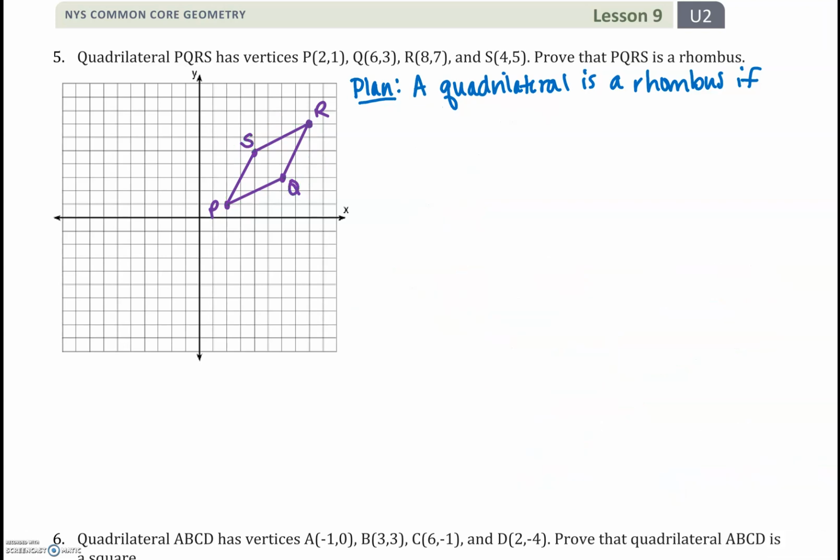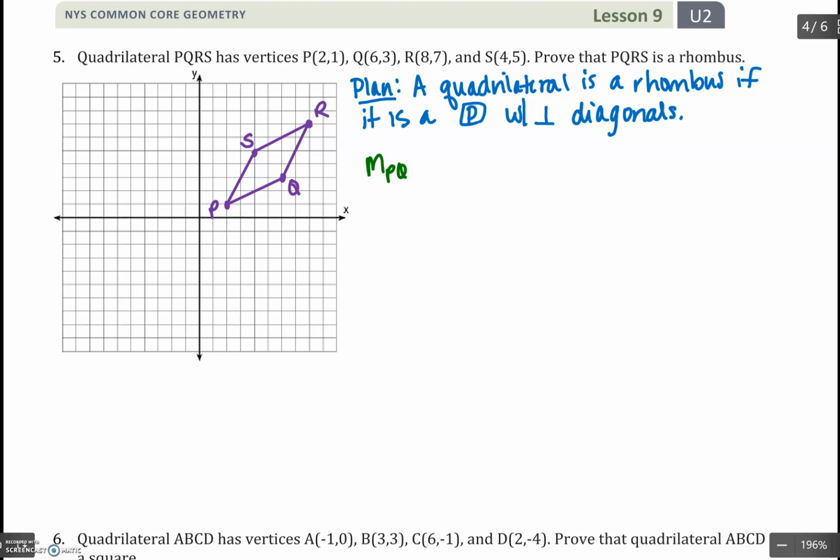Since I prefer slope, I prefer to do that if it is a parallelogram with perpendicular diagonals. And then I'm just doing slopes. So I would do the slope for PQ and the slope for SR since they're across from each other. From P to Q, it's up 2 and right 2, 3, 4.